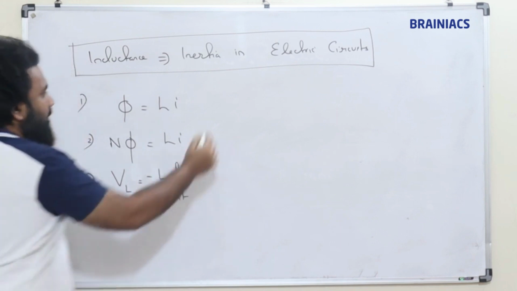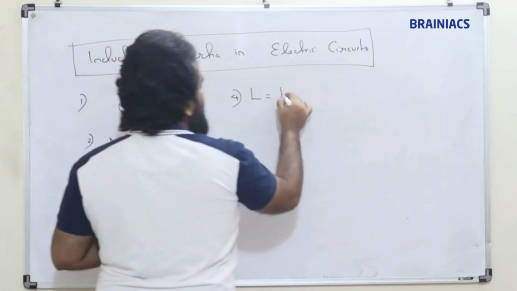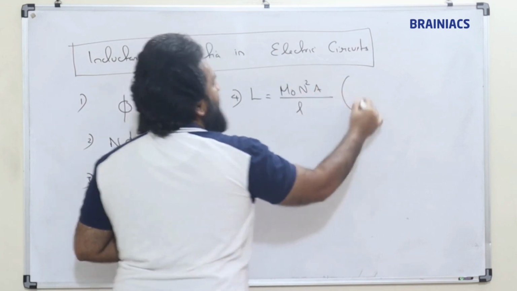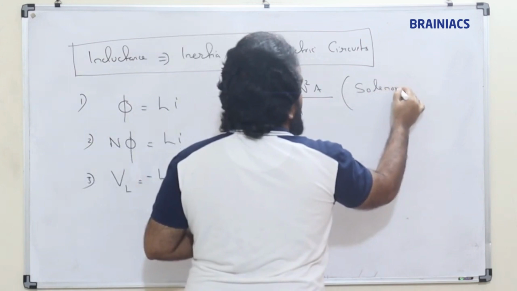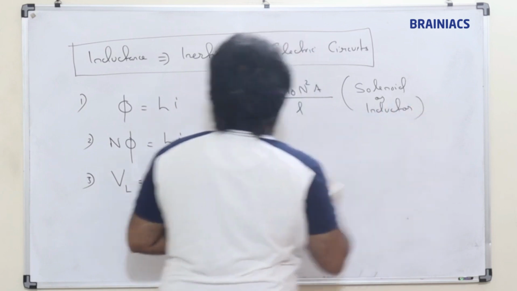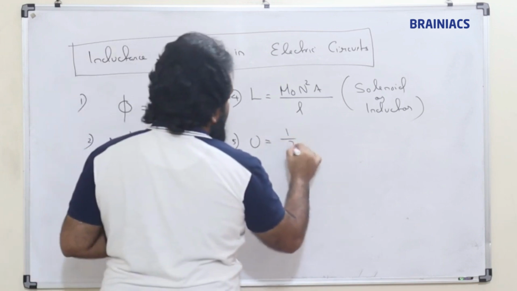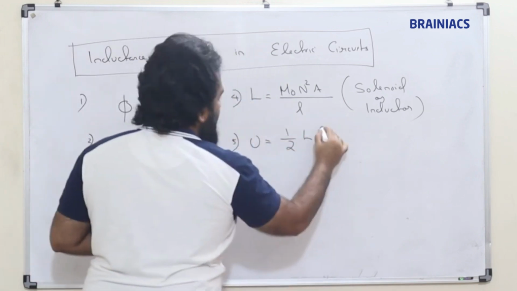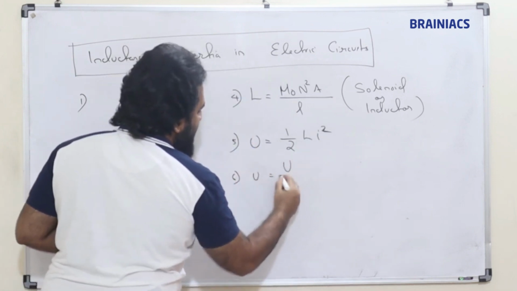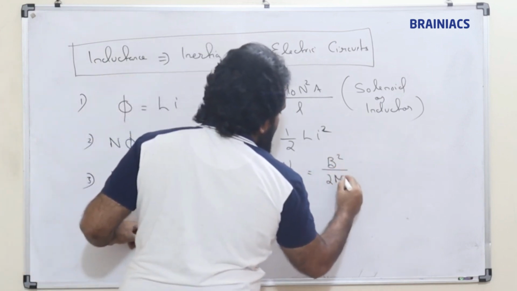The fourth point is the value of inductance: mu 0 n square A divided by l, in a solenoid or inductor. The fifth point is the energy stored in the inductor, half Li square. The sixth point is energy density. Energy density is energy per unit volume, which is nothing but B square divided by 2 mu naught.